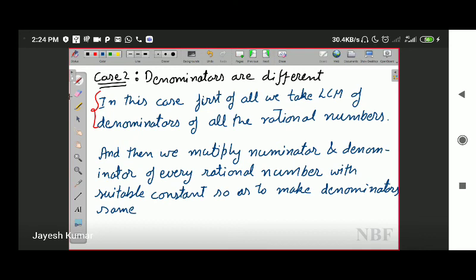Okay, I'll explain this part more when we do the question. Okay, first write it down.